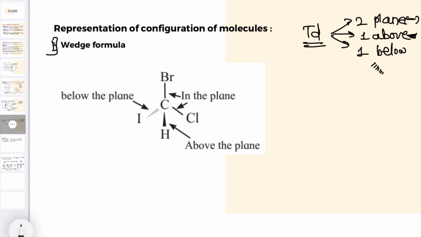So this is the same molecule in which carbon atom is there, which is chiral one because containing 4 different atoms. This iodine is shown by the dotted line, that means this iodine is present below the plane. Hydrogen shown by the wedge line, that means it's above the plane. And bromine and chlorine shown by just the solid single line, that means it is present in the same plane.